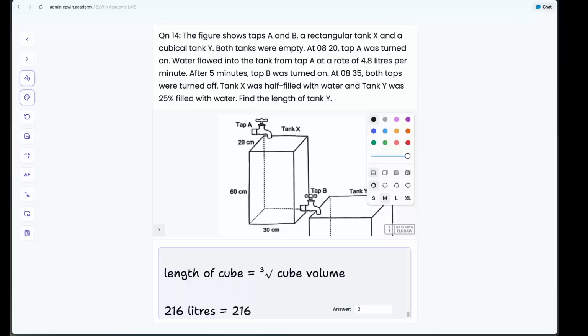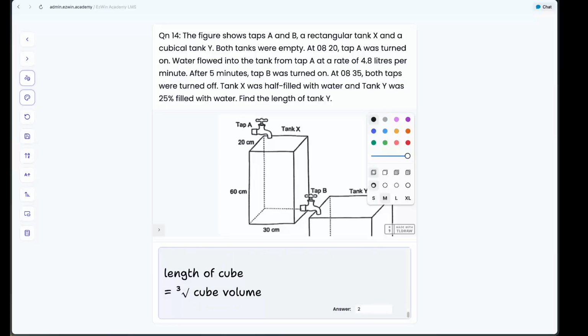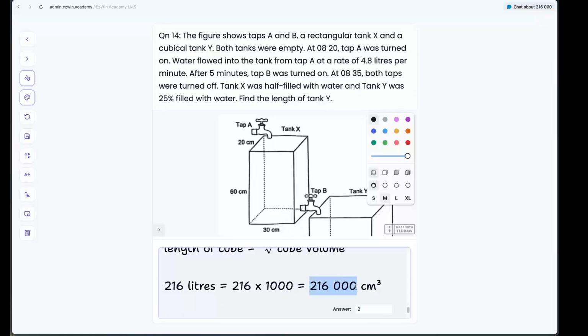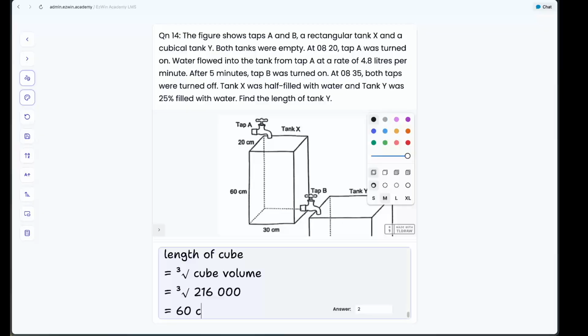So 216 times 1000 is 216,000 centimeter cube. So length of cube is cube root of 216,000, which in this case is 60 centimeters. So there you go, that's the answer, 60 centimeters.